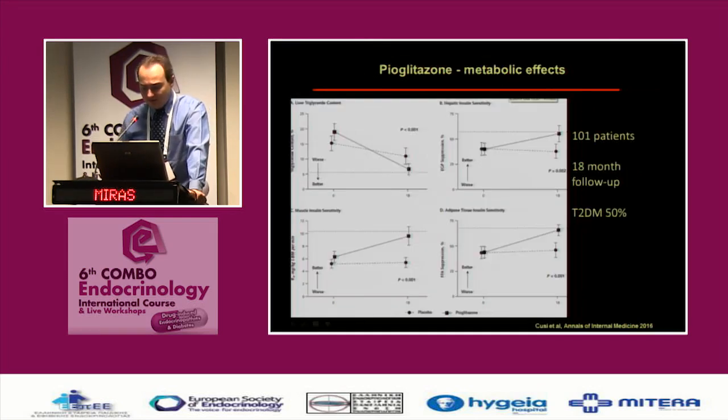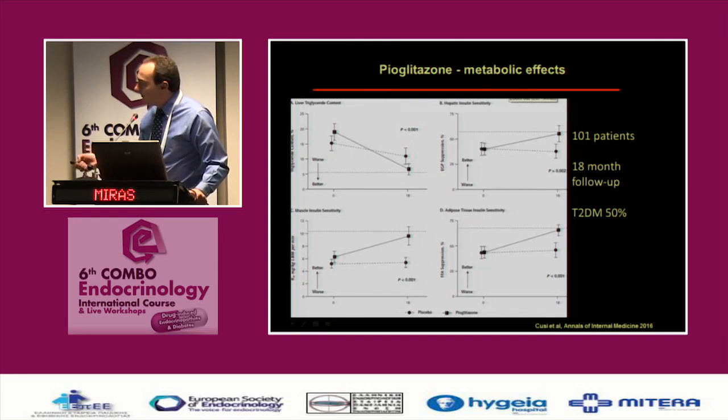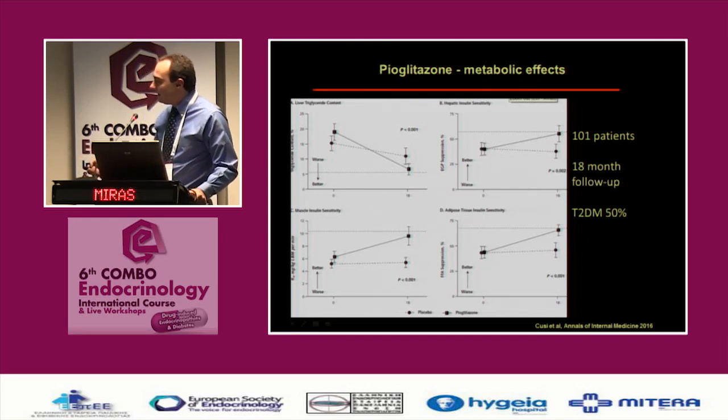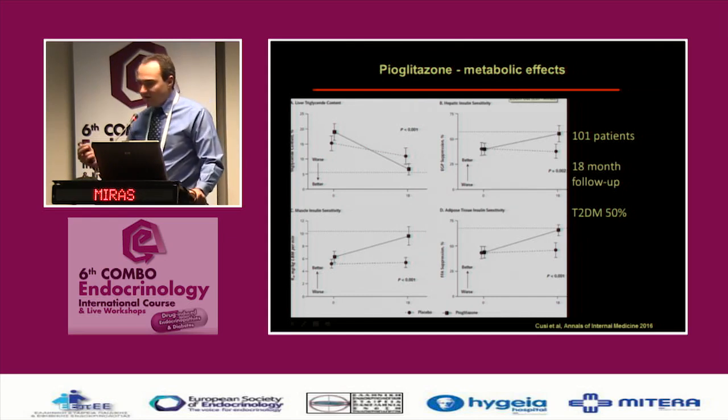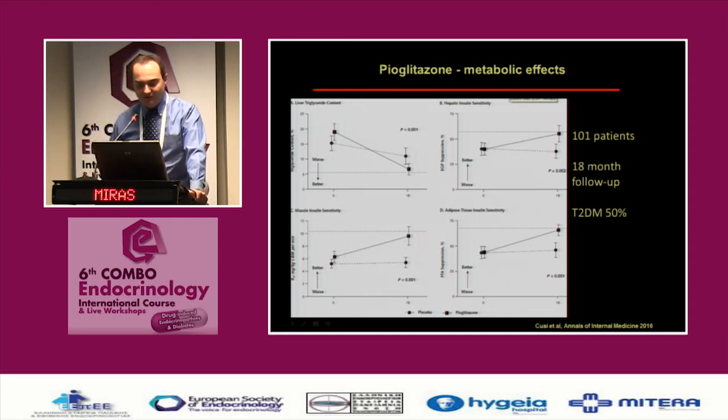But in these very nice studies using clamps and other measurements, when it was used for fatty liver disease, non-alcoholic steatohepatitis, amongst other things that it improves, you're going to see the nice improvements with pioglitazone in terms of liver fat, hepatic insulin sensitivity, muscle insulin sensitivity, and adipose tissue insulin sensitivity. So weight gain associated with improvements in insulin sensitivity, which is always a very interesting concept.